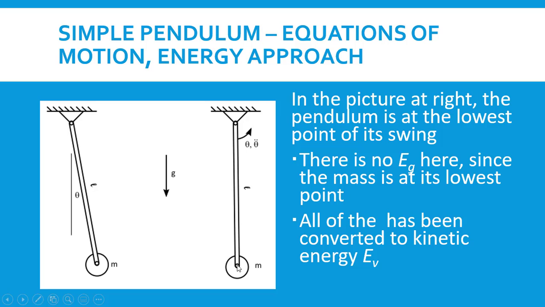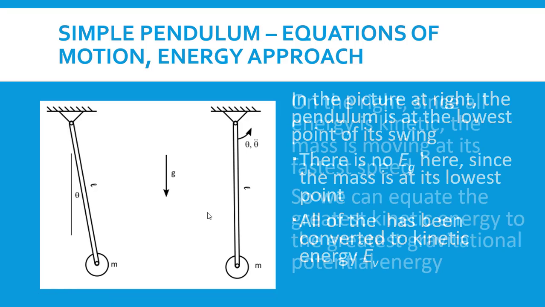So at this position of its motion, the mass is at its lowest point, and so all of its gravitational energy, which it had in the drawing on the left, has been converted into energy of motion, or kinetic energy. And I symbolize that as energy of velocity, which is kinetic energy.